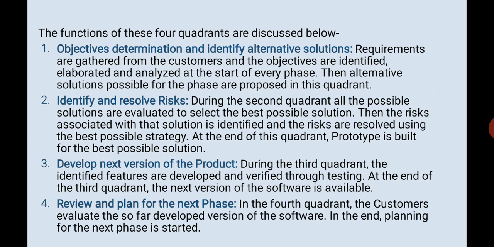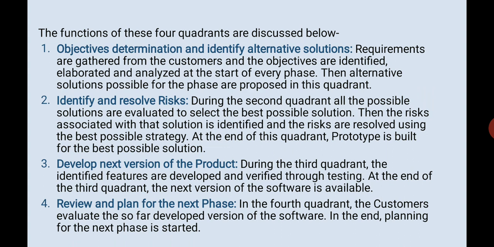Now we come to the functions of these 4 quadrants. The first is objectives determination and identify alternative solutions. Requirements are gathered from the customers and the objectives are identified. We sit with the customer, one to one, and we ask him, we show him different scenarios.